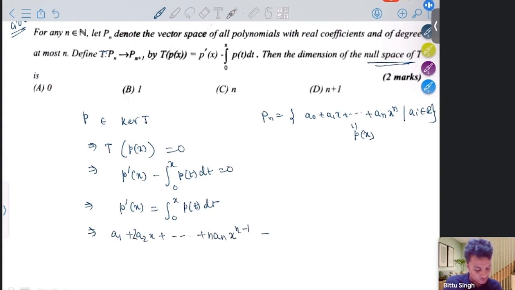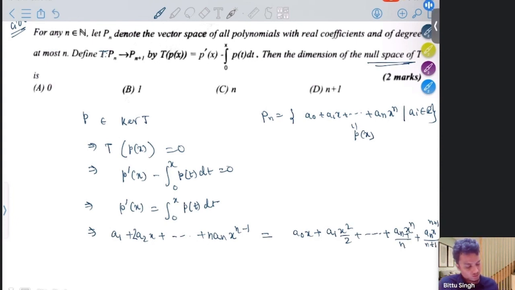The right hand side will be the integration: a0x plus a1 x square by 2 up to an minus 1 x to the power n by n plus an x to the power n plus 1 by n plus 1.